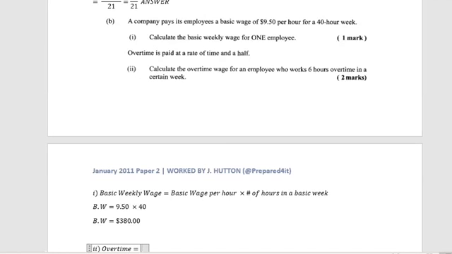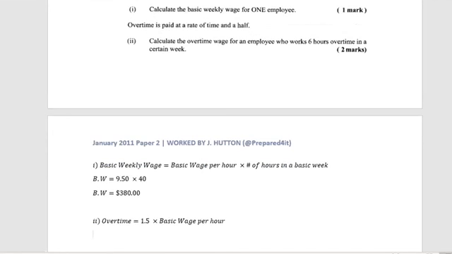But what I'm going to do is say overtime is equal, so they say we're calculating overtime at time and a half. So I'm just going to do overtime, which is time and a half, multiply by the basic wage per hour. And when I do that, what I'll get is overtime is equal to 1.5 multiplied by $9.50.